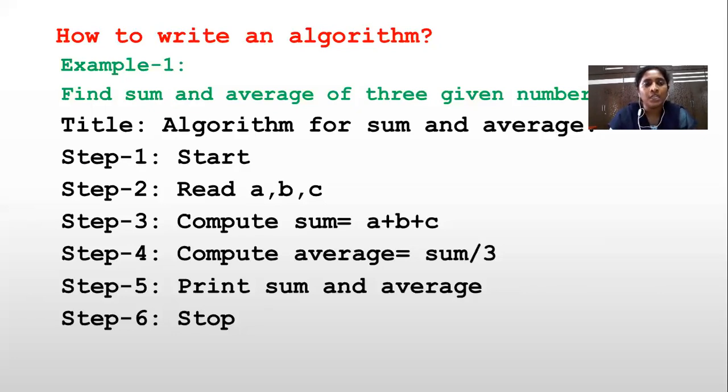Step 1, start. Step 2, read 3 values which are A, B, C. And then you can use the term compute or calculate, any kind of English word you can use. Sum is equal to A plus B plus C. And then you have to find the average for the given application and print both sum and average. Finally, you have to give a terminating point, stop.